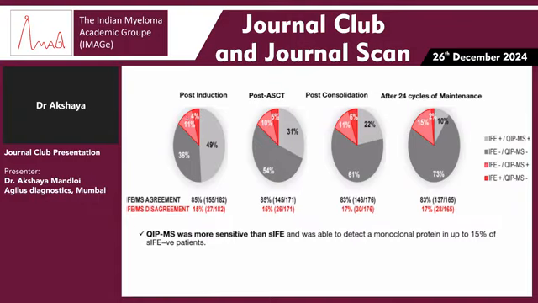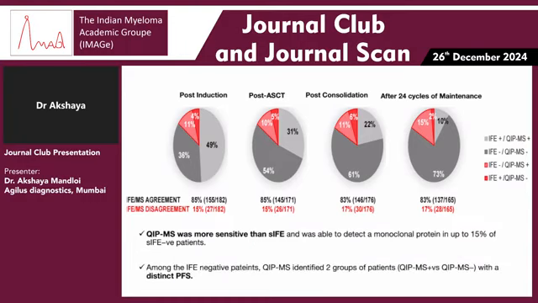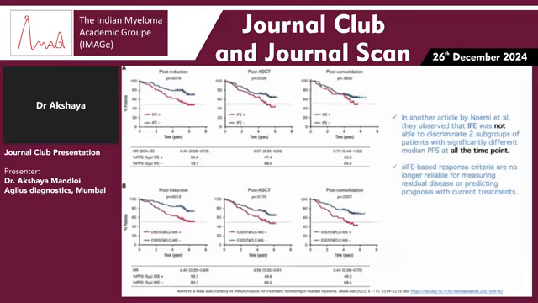So QIP mass spectrometry was more sensitive than SPE and was able to identify monoclonal protein in up to 15% of the SPE negative patients. And among the IFE negative patients, up to 15% mass spectrometry was able to identify the monoclonal protein, and in the IFE negative patients too, it was able to identify 2 subsets with distinct progression-free survival.